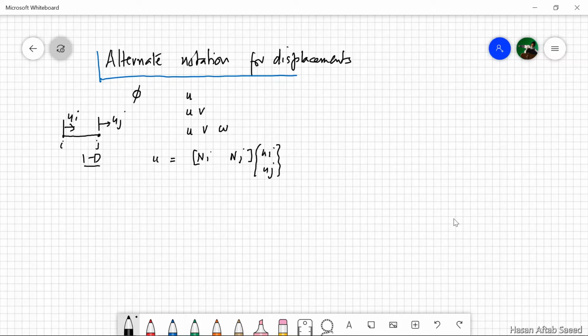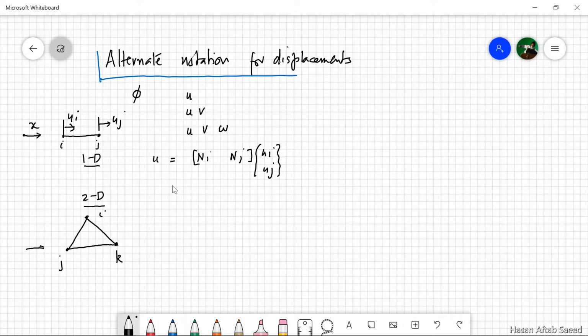When it comes to 2D problems, the corresponding diagram would be something like this. 3 nodes now. We have an i node, we have a j node, we have a k node. So here we only need one coordinate, and that is x.